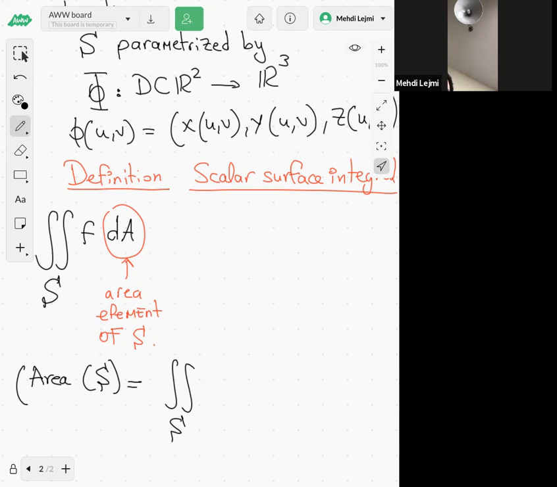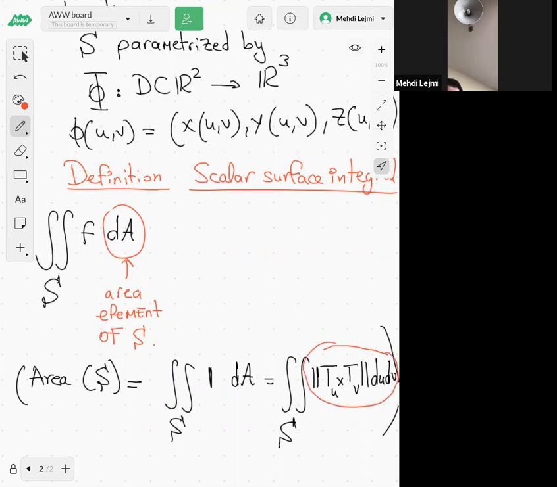The area element is the norm of the cross product, du dv. That's my area element when we have a parameterized surface.